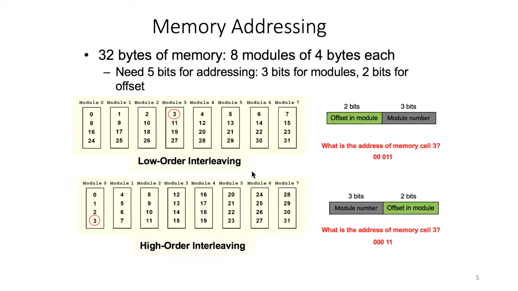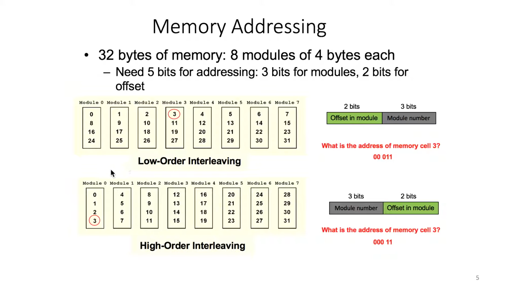On the other hand, with high order interleaving, we use the most significant 3 bits right here to represent the module number, and the least significant bits right here to represent the offset in the module. So we also have 3 bits for the module number and 2 bits for the offset in the module. The total number of modules we have is 8, from module 0 to module 7, the same as the low order interleaving scheme.